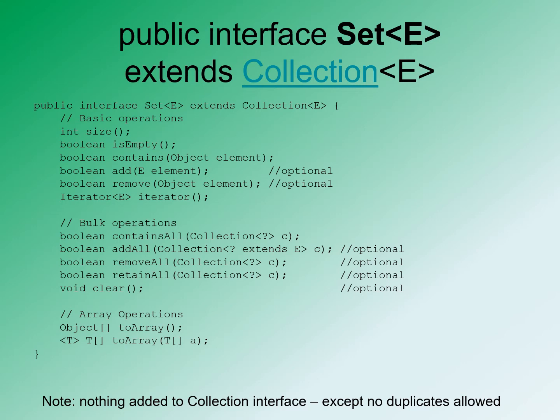Also some bulk operations are there: containsAll, addAll, removeAll, retainAll, and clear. Some array operations are also there, like toArray to convert the object to an array, and so forth. We have to note one point: nothing is added to the Collection interface except that no duplicates are allowed.